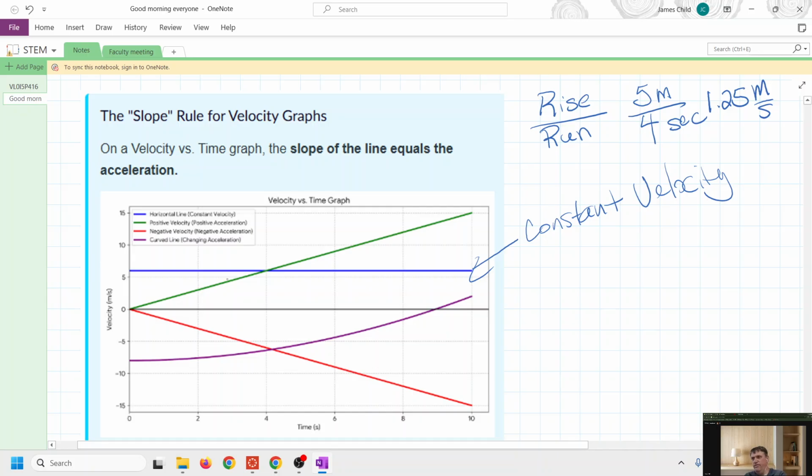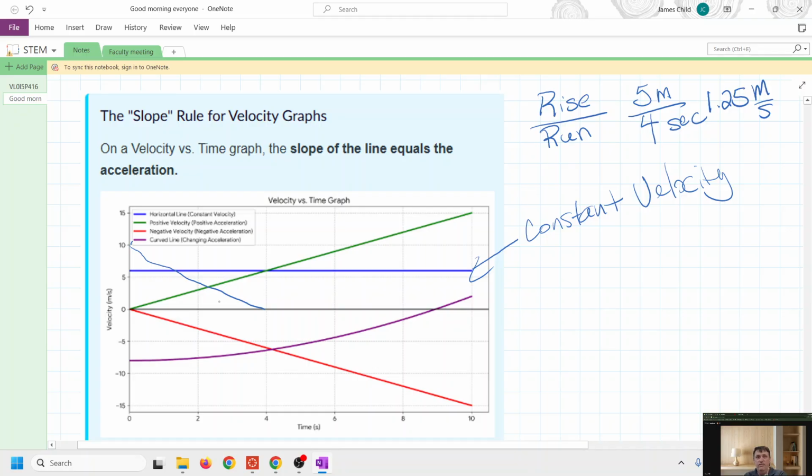A positive slope on the line means that I've got positive acceleration. A negative slope means that I have negative acceleration. So I could have a slope where my velocity is 10 meters per second, and I'm coming down, and I stop here, my velocity is now 0 meters per second, and that would be an example of maybe braking, right?